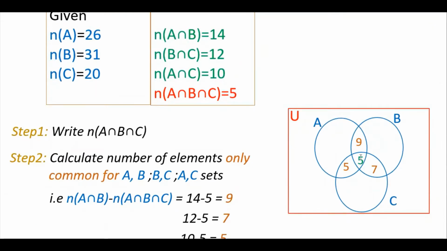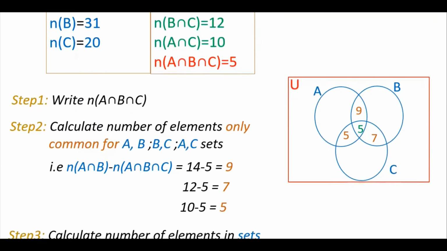So you have to subtract 5 from 14, then you will get this value. 14 minus this 5 is equal to 9. So here only A and B is 9. And only B and C: here B intersection C is 12, so 12 minus 5, that is 7. So you have to subtract 5 from this value. And again, you have to subtract 5 from this value. 10 minus 5, that is 5. So like this, you can calculate these three values.